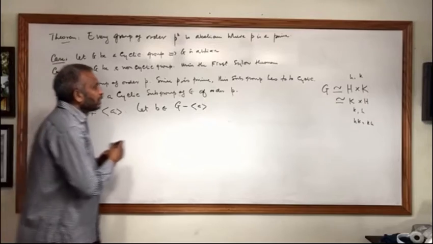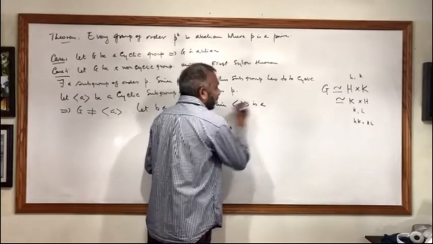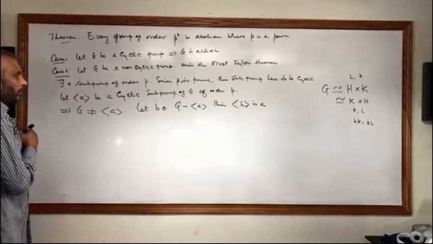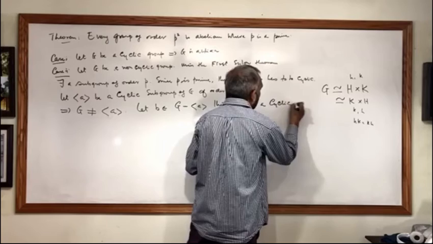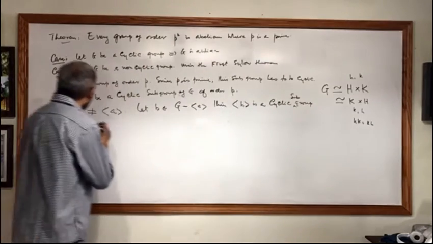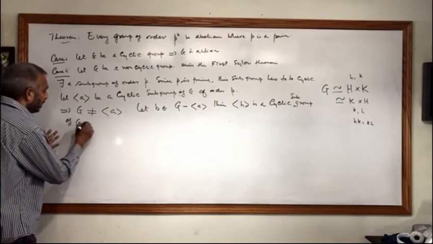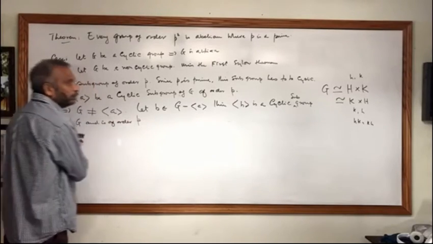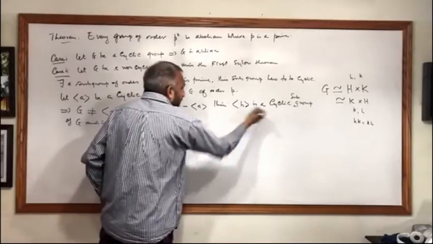Okay? So then B generates a cyclic subgroup of G and must be of order P, because there is no other divisor.